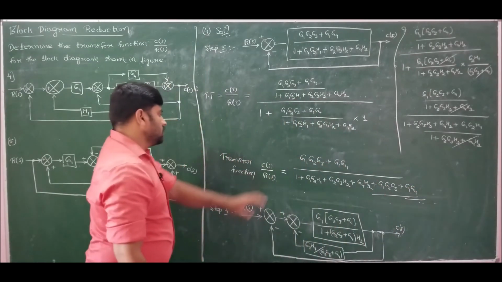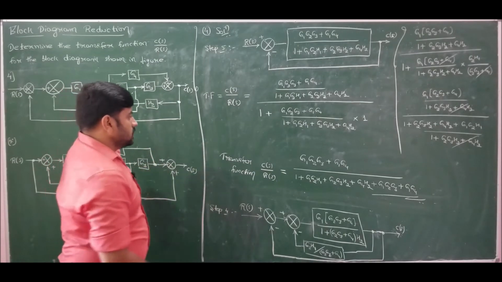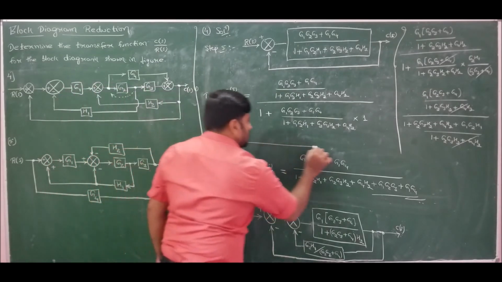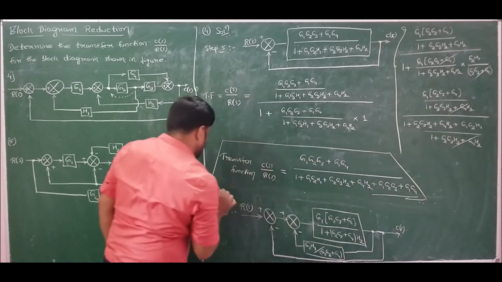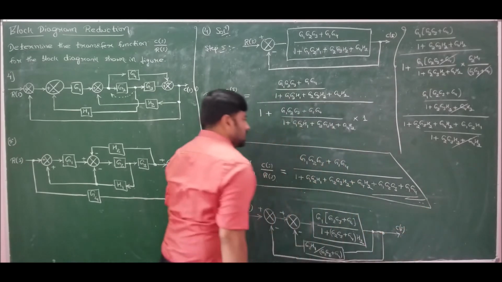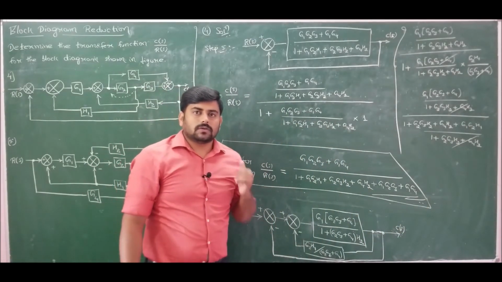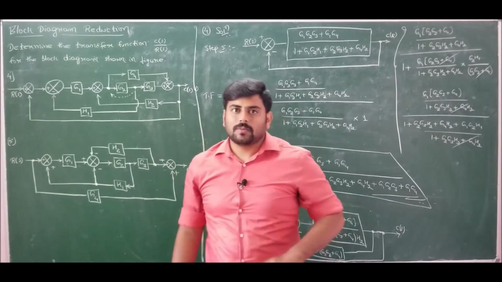So this is the solution for problem number 4. So we got the transfer function for problem number 4. So let me pause this video for a while so that you people can copy it down. Later we will discuss solution for problem number 5.